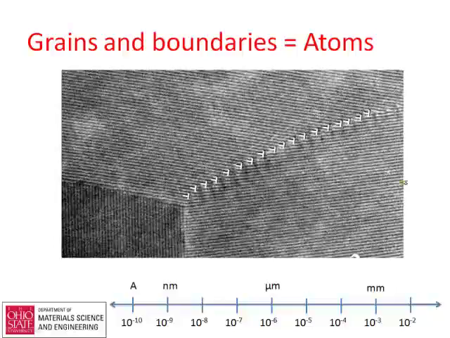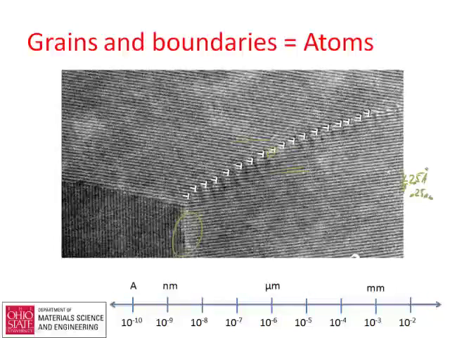These interplanar spacings are on the order of about 2.5 angstroms or 0.25 nanometers, and you can see how these planes come together and meet with line defects in between them. Here you see they're coming together in a more disordered way, and at the atom level these things have to come together, and there's some messiness that goes on here.